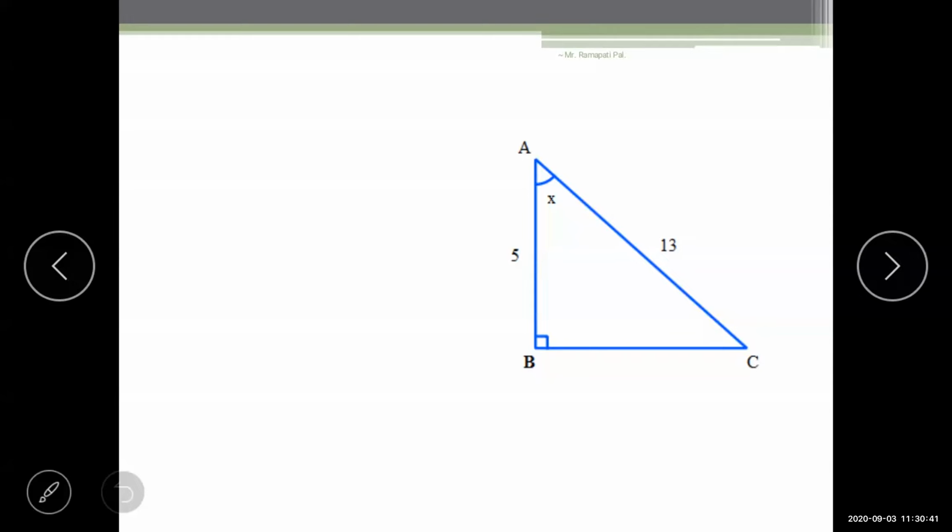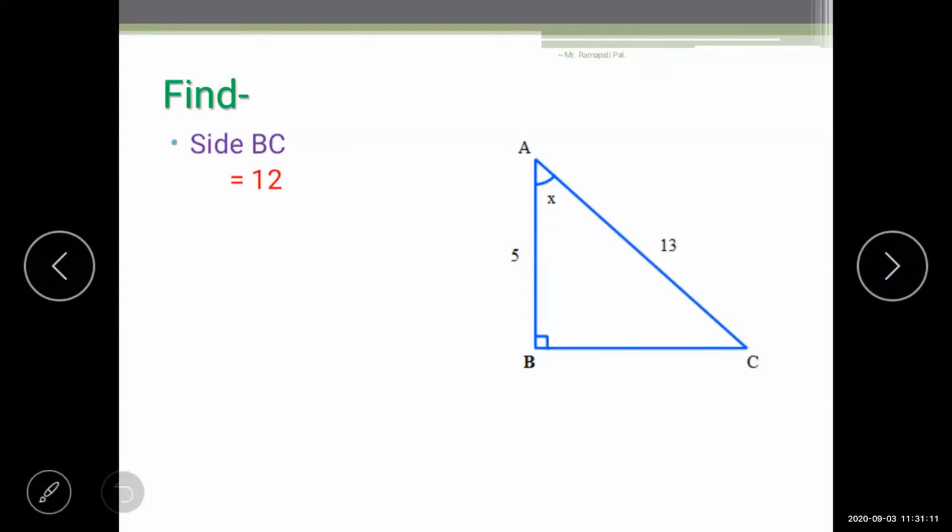That is 169 minus 25. So it will come 144. The square root of 144 is 12. Means BC is 12. Correct. So we have found side BC, which is 12. Now how you have done? Correct? That is by Pythagoras theorem.